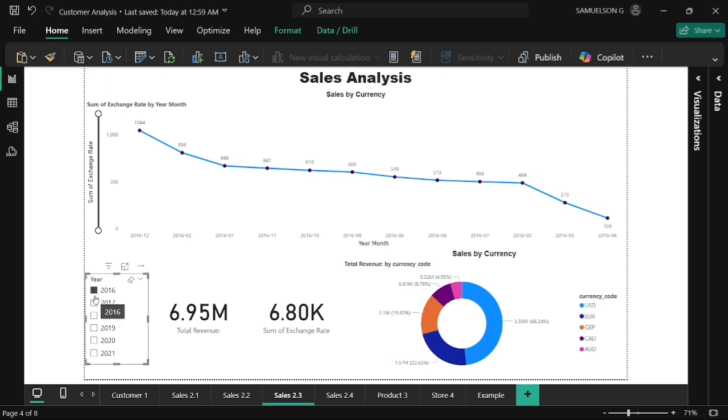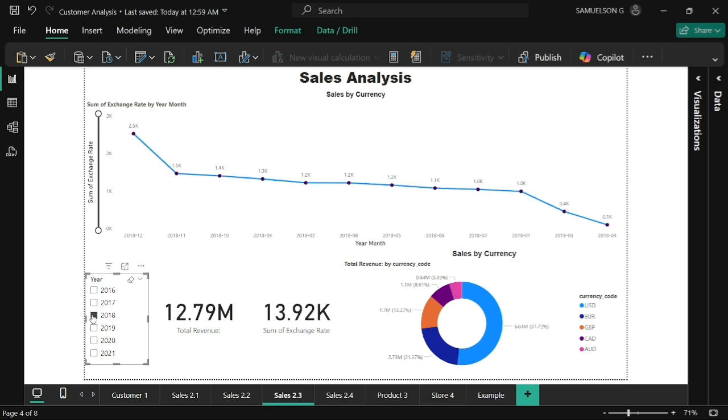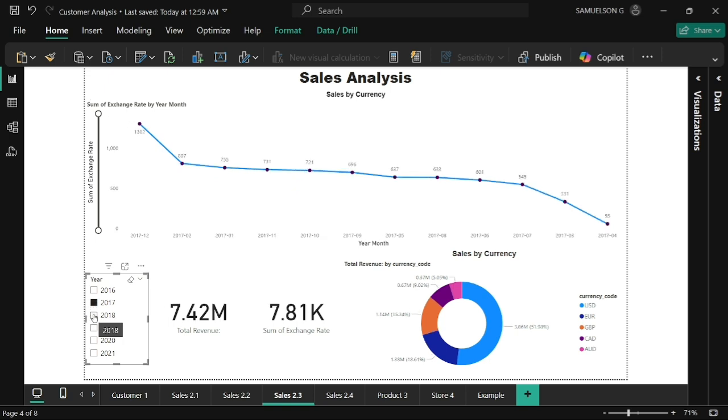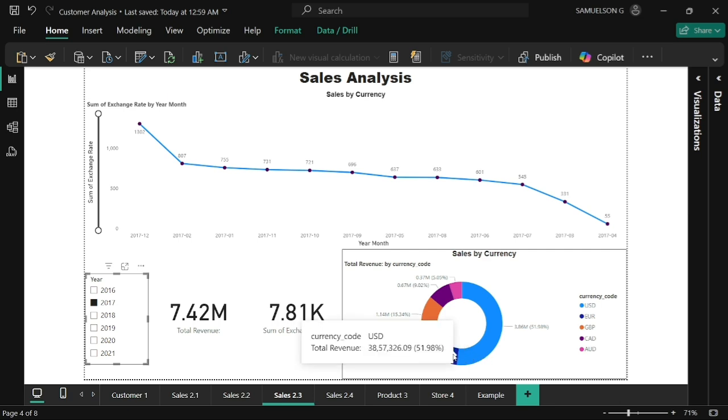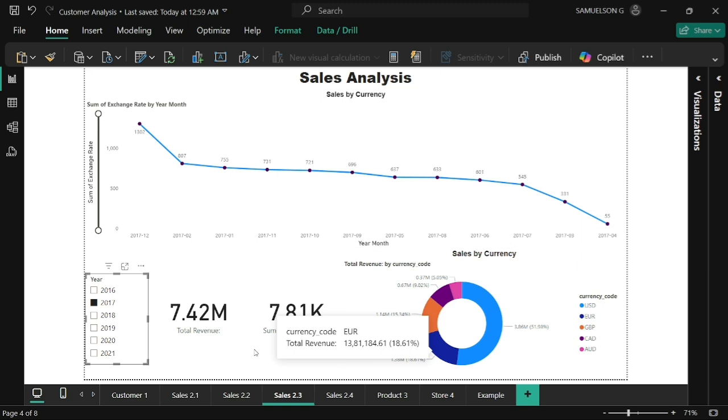You can see next one euro and GBP and Canadian dollars and Australian dollars. And in 2017, the US dollar is still, you can see right, it's not lower, it's going higher only. The US dollar exchange rate is so high compared to other dollars.